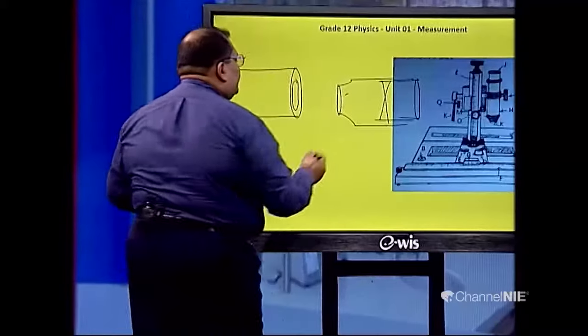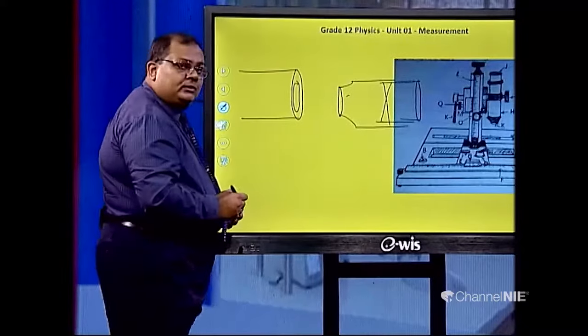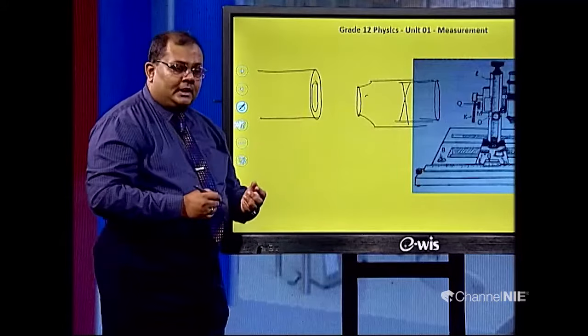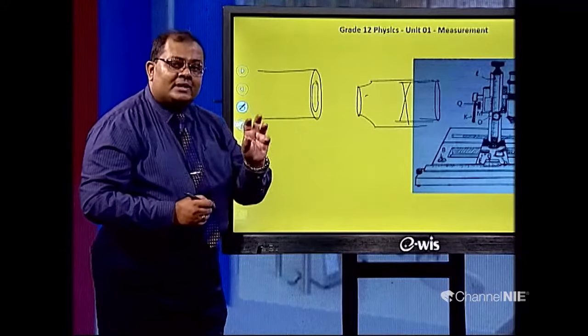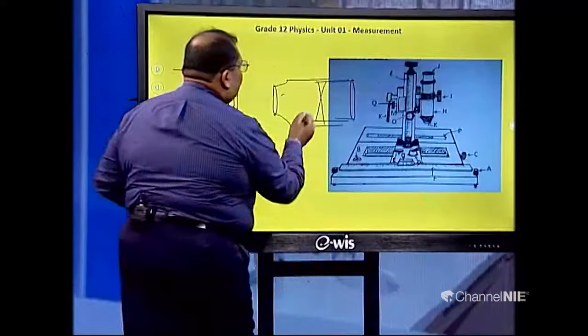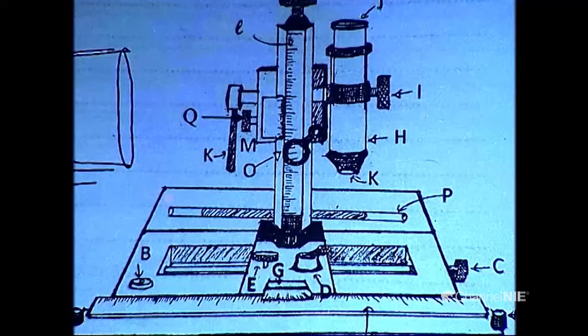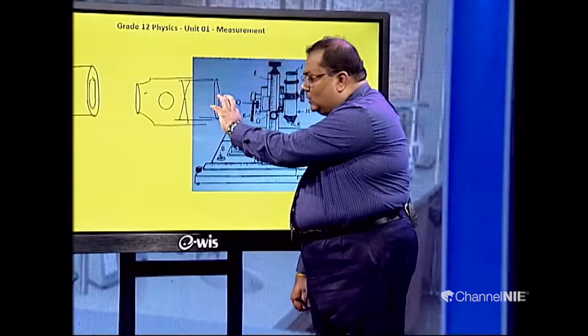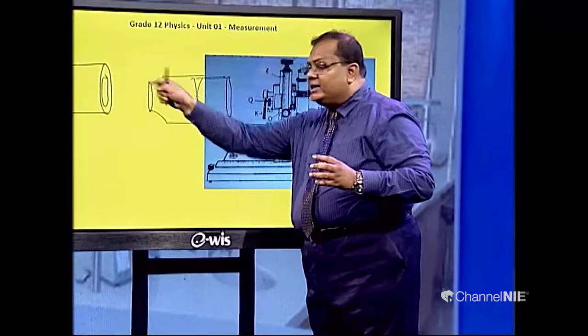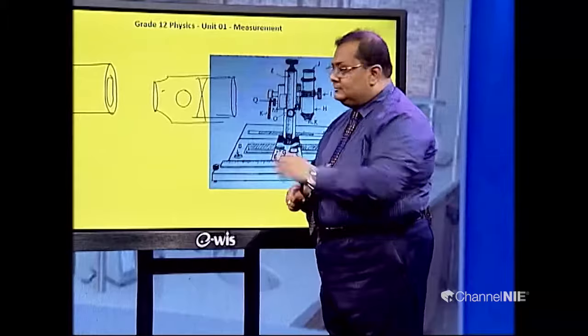And then first we have to focus this on the tube. Then you have to use the focusing screw. This focusing screw, it is here. Then rotate the focusing screw slowly until you see a sharp image of this capillary tube.